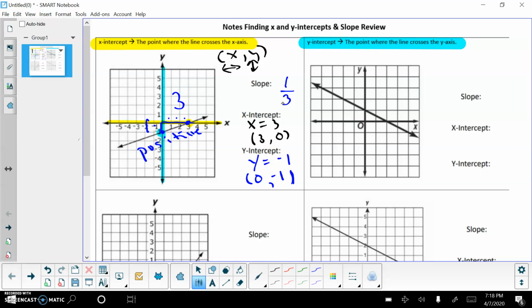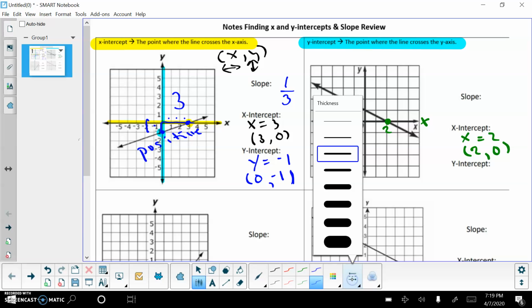Now, as far as the second graph, again I'm going to look at my x and y intercepts. This time I'm going to do it in green. My x-intercept is, here's my x-axis, right here. If I count that over 0, 1, that's at the 2. So I can either say x equals 2, or I can do my coordinates, and the x number is 2, the y number is 0.